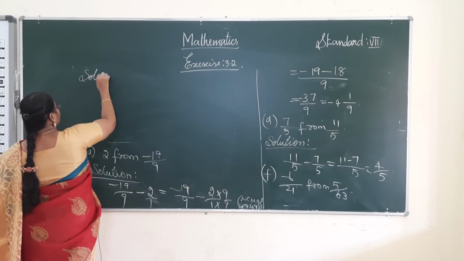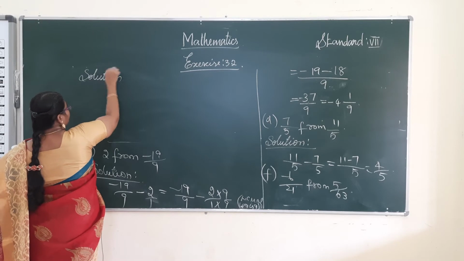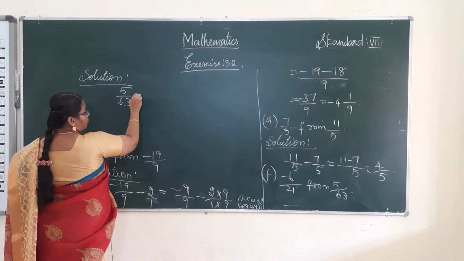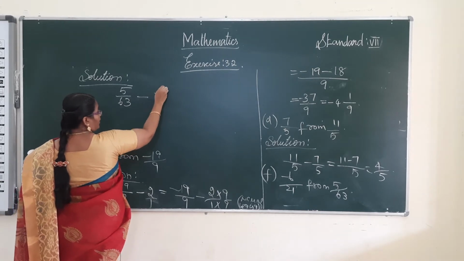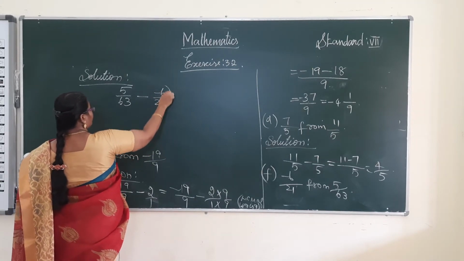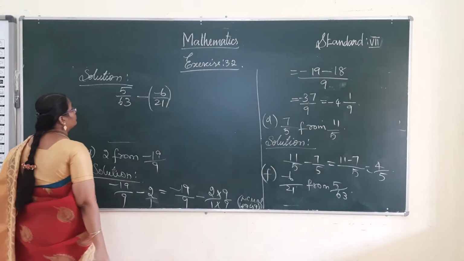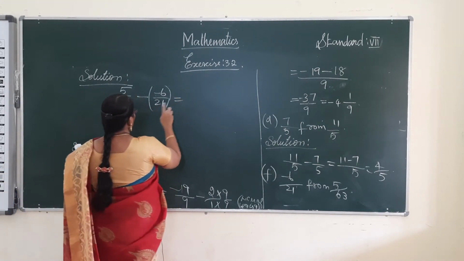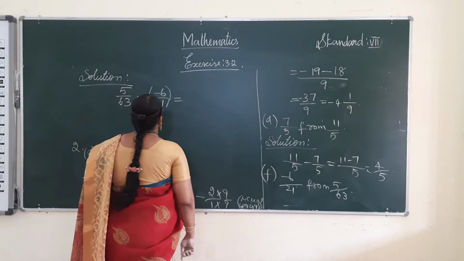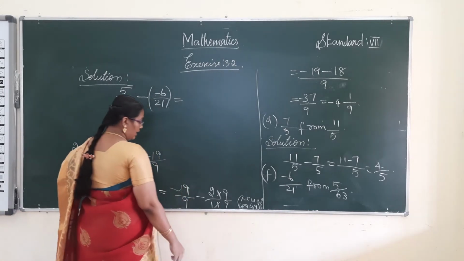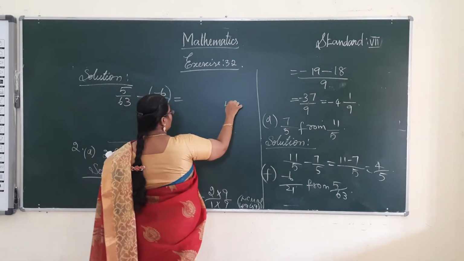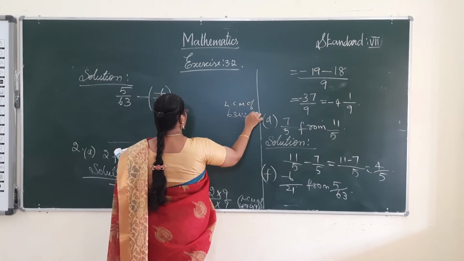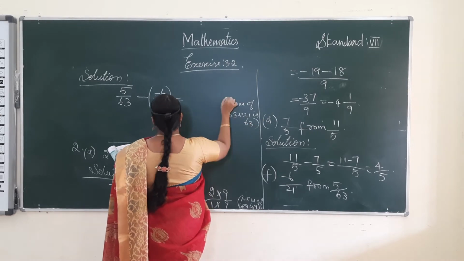Solution: 5 by 63 minus minus 6 by 21. So the LCM of 63 and 21 is 63.